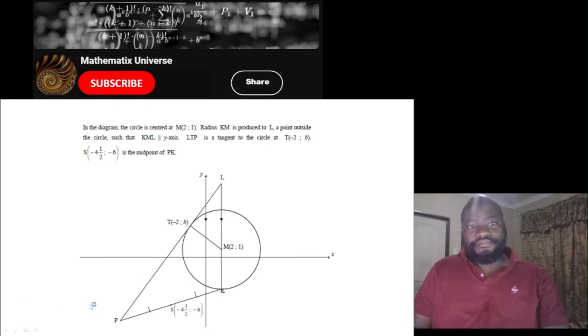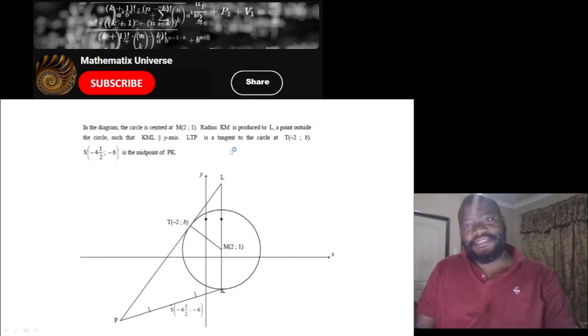Hey everyone, so today we'll be looking at an analytical geometry problem. As you can see, let's read what it says. It says in the diagram, the circle centered at M, coordinates (2, 1), radius KM, is produced to L, a point outside the circle, such that KML is parallel to the y-axis.